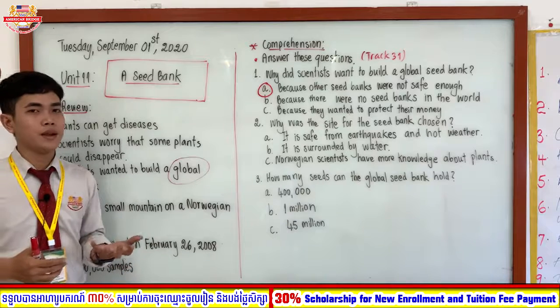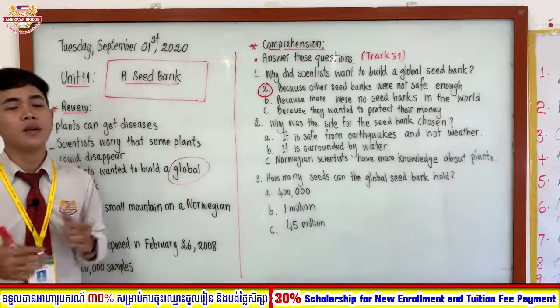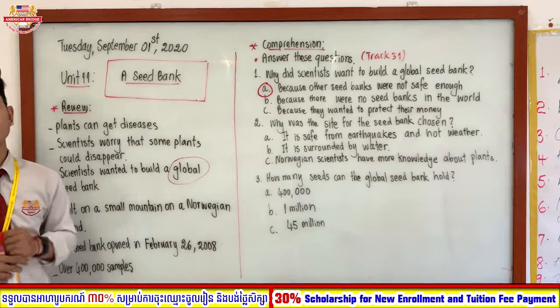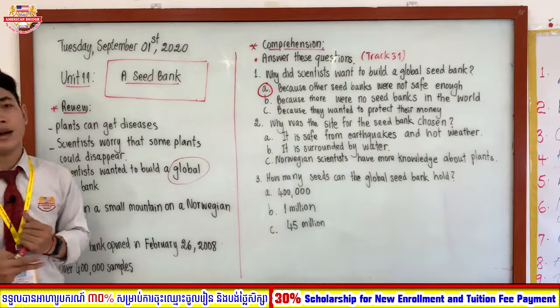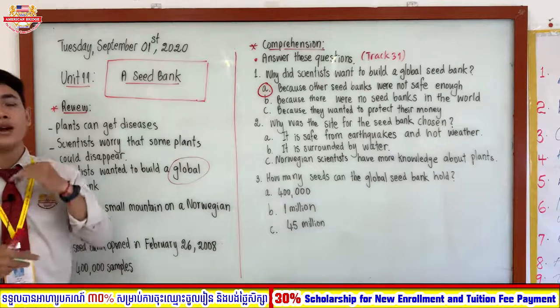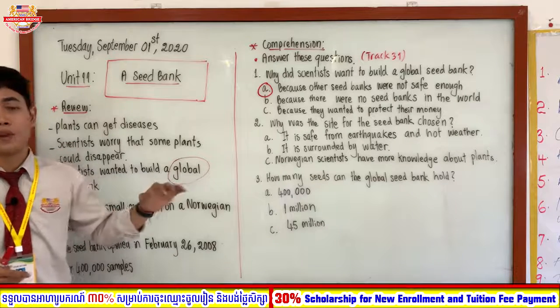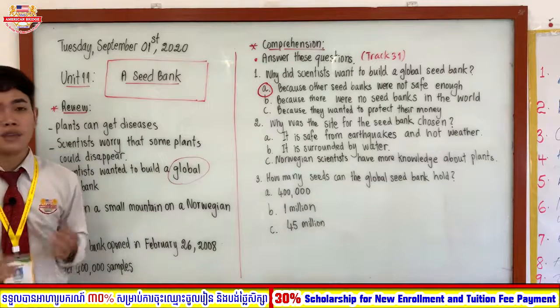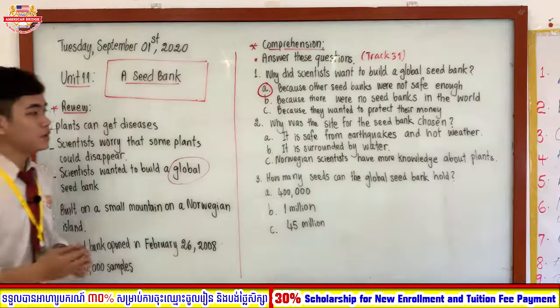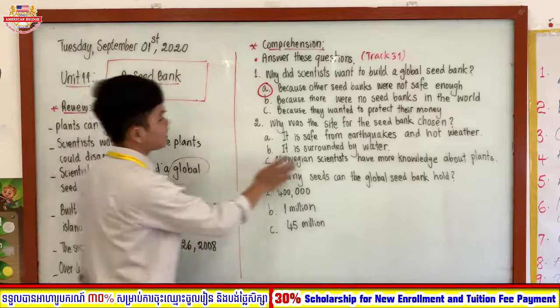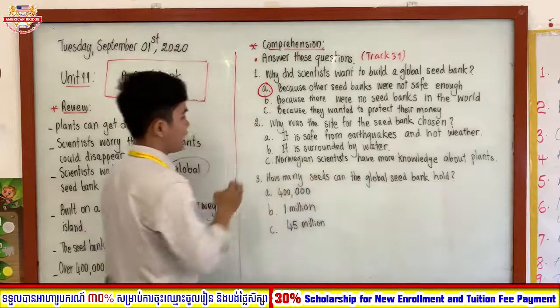Do you know why? Okay, because as we know the plants need a place that is not too cold and not too dry. It's just like an ordinary place to grow the plants or to keep the plants in a safe place. All right, so this is not going to be the correct answer. So C, Norwegian scientists have more knowledge about plants.